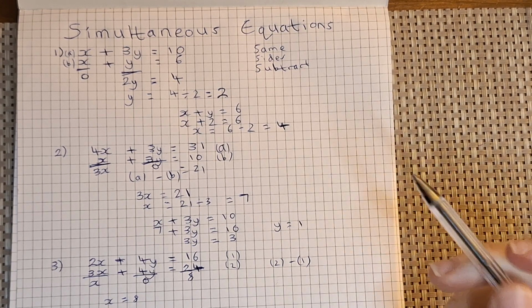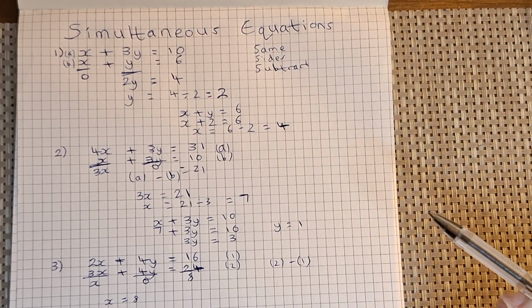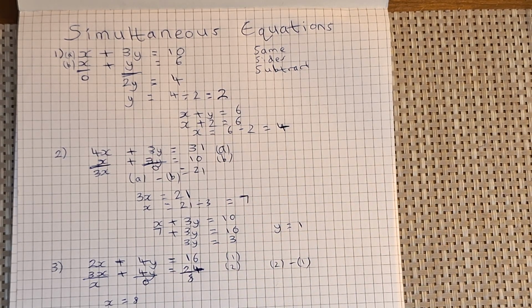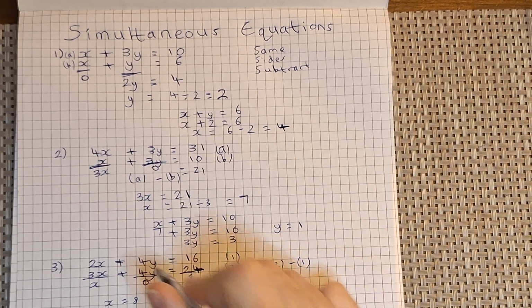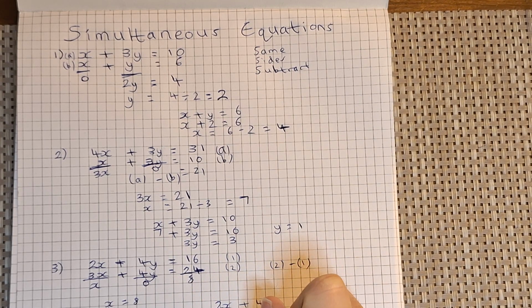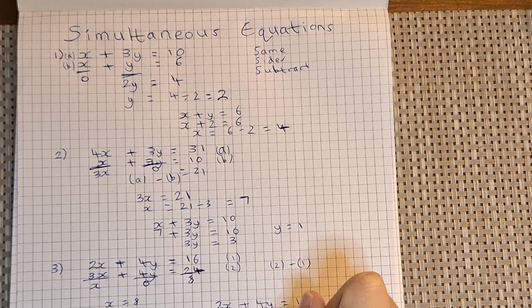Now, we know x equals 8, so we simply substitute the 8 into one of these equations to find y. Using the first equation, we have 2x plus 4y equals 16.